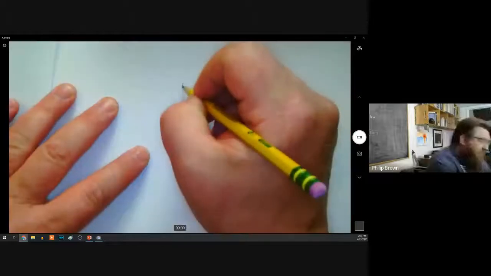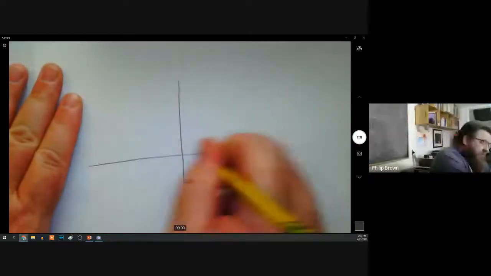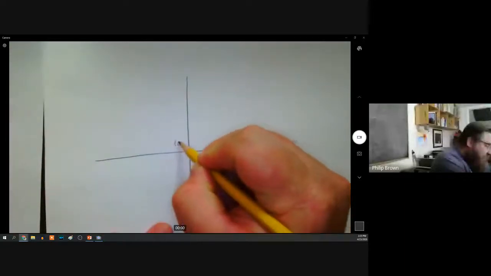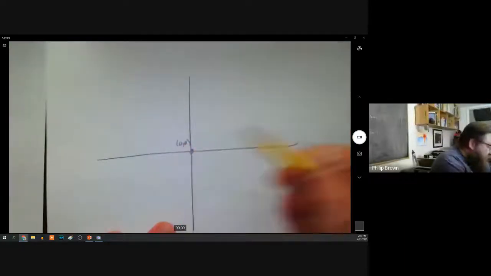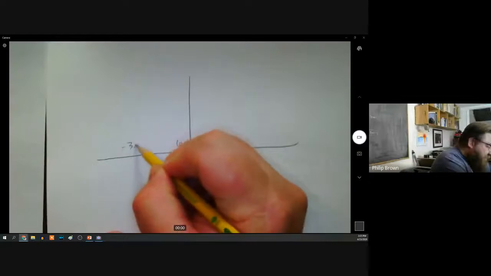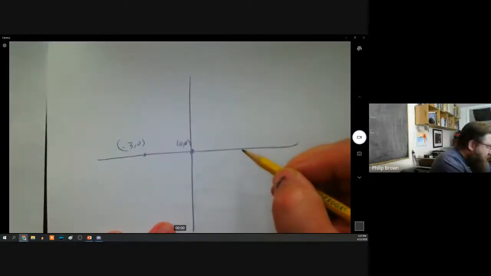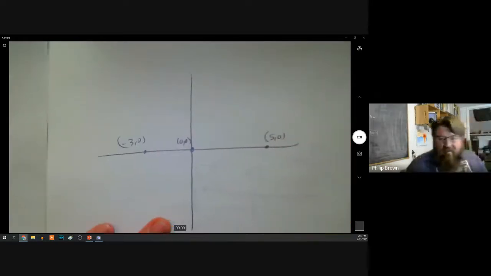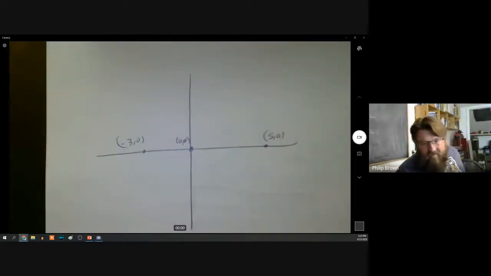So here's what we got, this beautiful graph. We know it goes through the origin, 0, 0. We know it goes through -3, 0. And we know it goes through 5, 0. Doing good so far? Have I lost anybody yet?